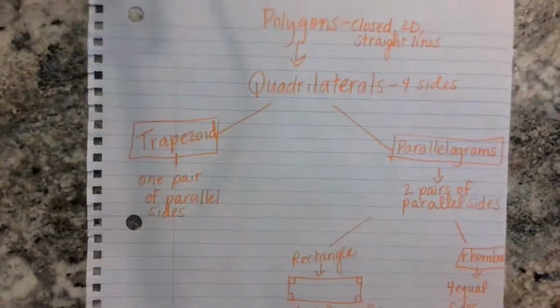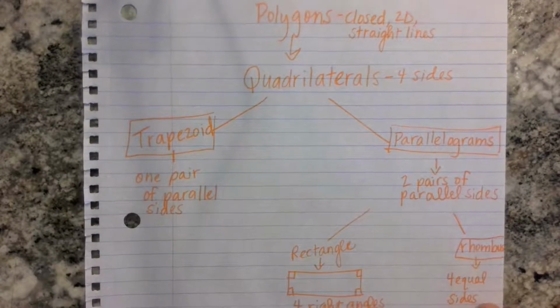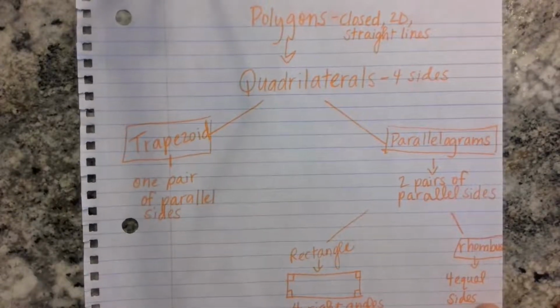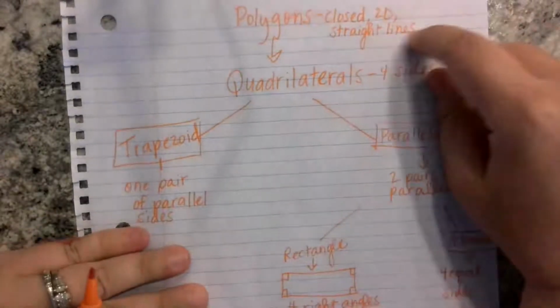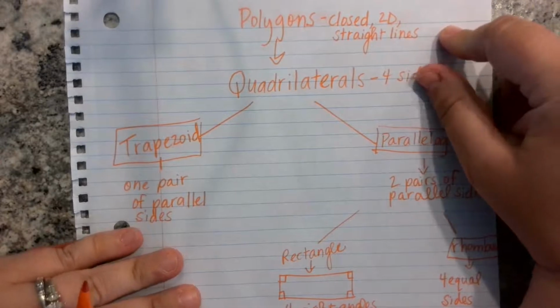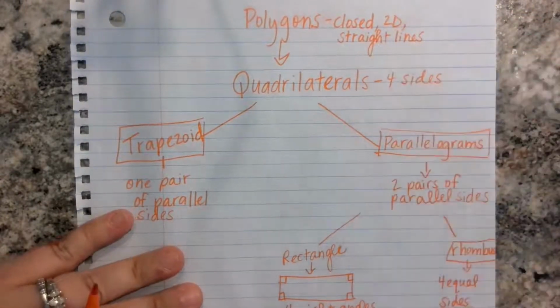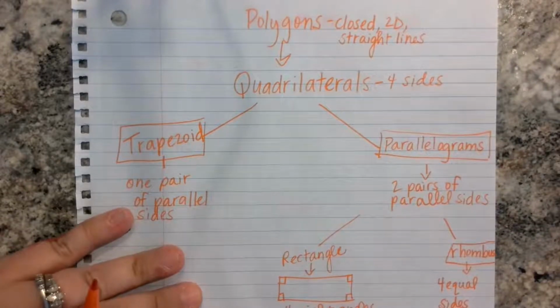Alright, so when we're talking about quadrilaterals, there are different types of quadrilaterals, and it's all based on their sides and their angles, okay? So when we talk about polygons, a polygon is any closed 2D figure that has straight lines, okay? And remember, we name polygons by their sides.